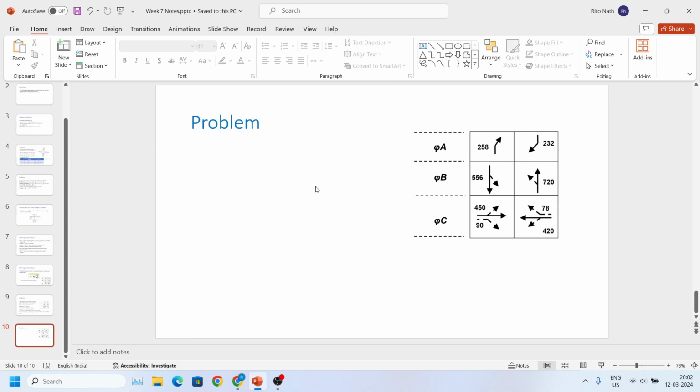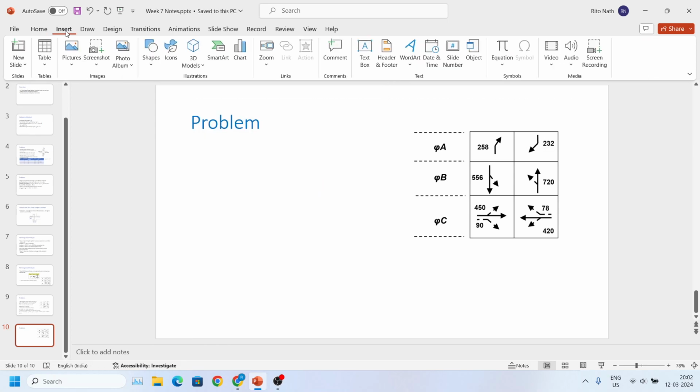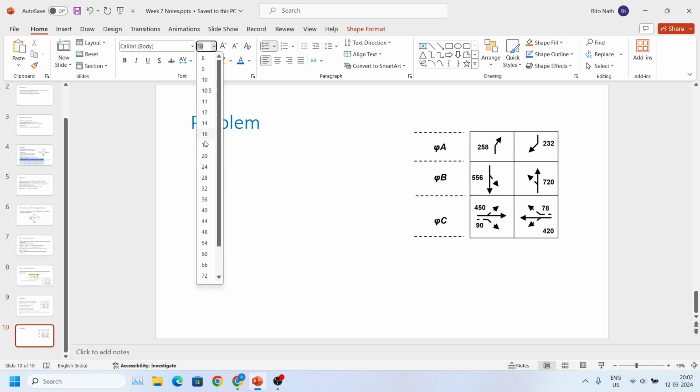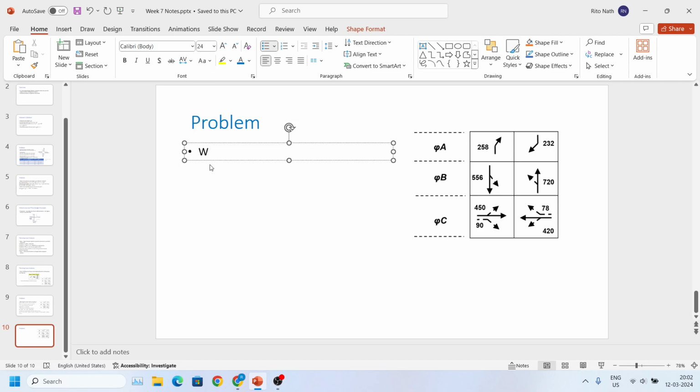So the problem data remains the same, and now we have another question that asks: what is the effective green time for phase B, suppose.